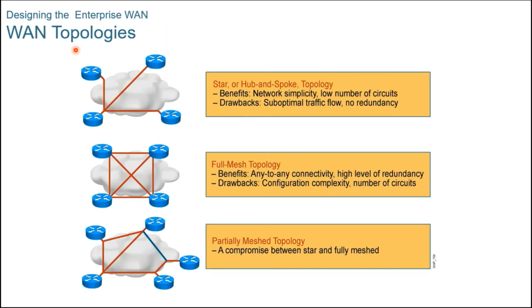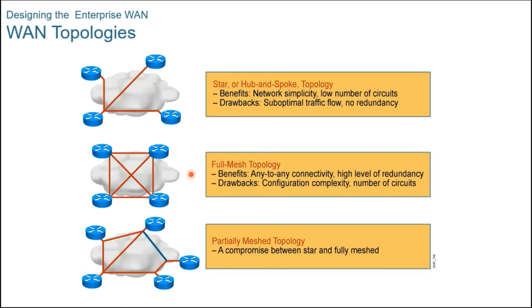Now for the WAN topologies, we have the star, also known as the hub and spoke topology. The benefits: network simplicity, low number of circuits. The only drawback is suboptimal traffic flow. There is no redundancy here. So if the hub goes down, well, all the spokes are disconnected.